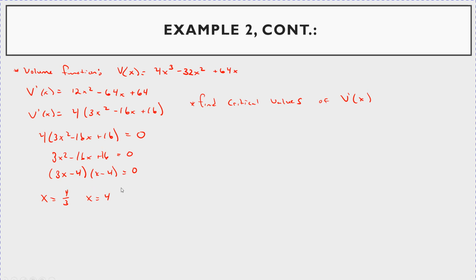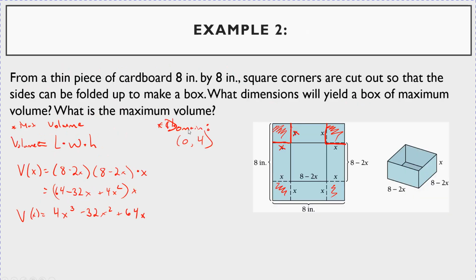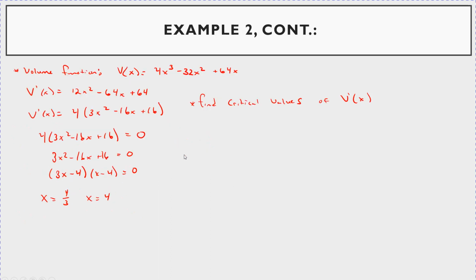But the tricky thing here is you have to go back and look at your domain. You can't have a value that's 4 or greater, because the value of x has to be between 0 and 4. So this critical value we reject, and this is the critical value we're interested in. But again, we don't know if we have a max or min, so we use the second derivative.